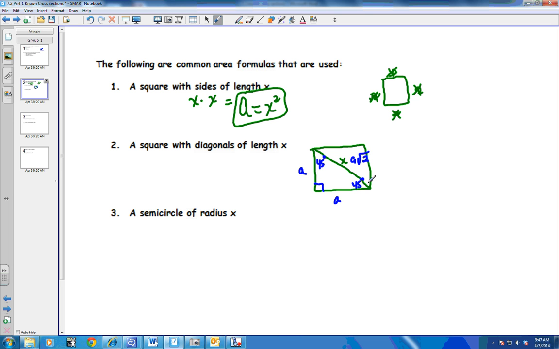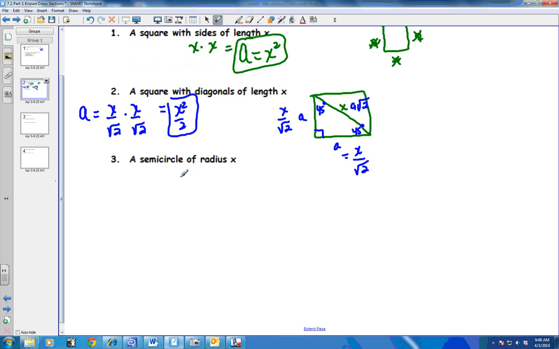So if this side right here is x, which is A radical 2, how do I find just A? Well, to find just A, wouldn't I divide that by radical 2? So this side has to be x divided by the square root of 2, and this side is x over the square root of 2. So the area of that square would be my base times my height, which would be x squared over 2.